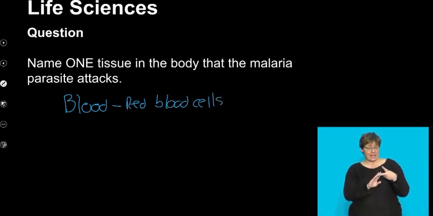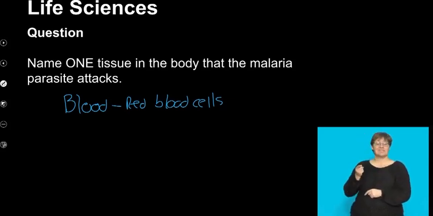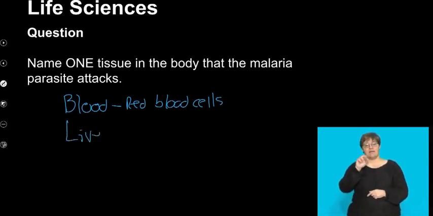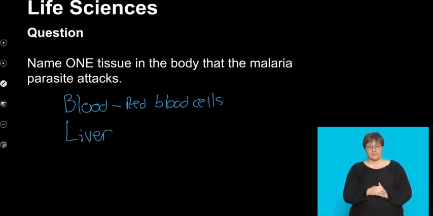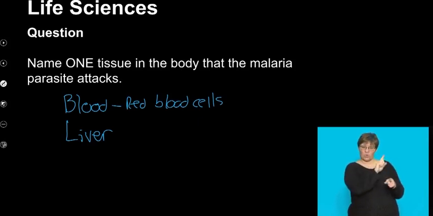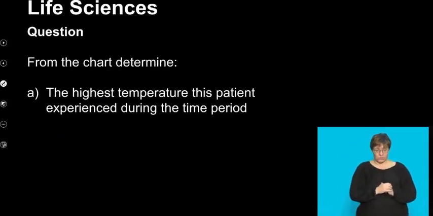And the second one, where was it that the plasmodium went? The first thing that it entered into the body is the liver. So the first two questions are study questions. We didn't necessarily give you that information, so you need to know certain characteristics of your disease.